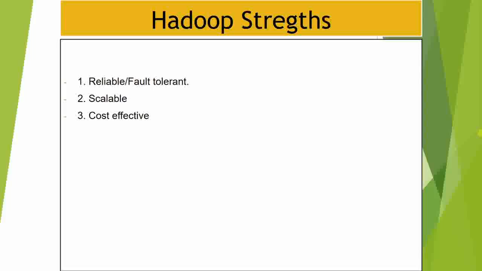And you want your system to be highly scalable, and the scalability should be very easy to do. It should not be a very complex process. It should be like just attach hardware and you are done. So Hadoop provides a highly scalable system, and also in a very easy manner.